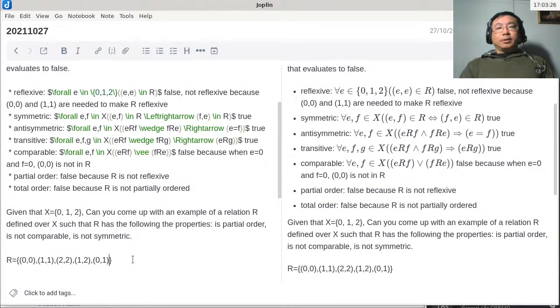The reason why it is not transitive at this point is because if I choose E to be 0, F to be 1, and then G to be 2, then the expression that we need inside the quantifier of being transitive, this expression here, is now false, because (0, 2) as a 2-tuple is not in R. That is why. 0 should have been 2.